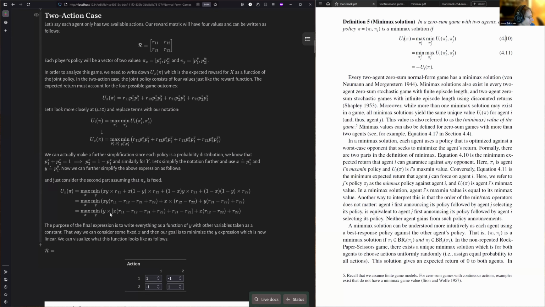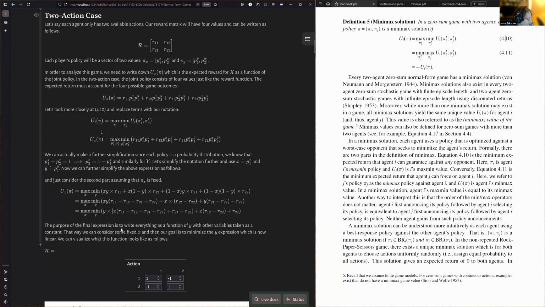In this final expression, I've written one term which is multiplied by y, and then these are multiplied by x. The purpose of writing it like this is if we consider this inner expression, this is the min over y. We can imagine that x is fixed, and then this is an expression of y, and these are just linear functions of y. It's just a times y plus b.